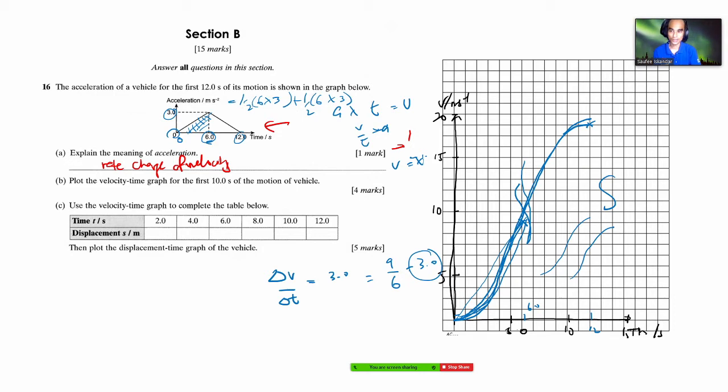So you can see, this is the first section A plus B, so actually it is 6 times 3, the whole thing. Understand or not? The total velocity is half times 6 times 3 plus half times 6 times 3, which is 18. So over here, this is 18, and it occurred at 12 seconds. It's the area under the graph.